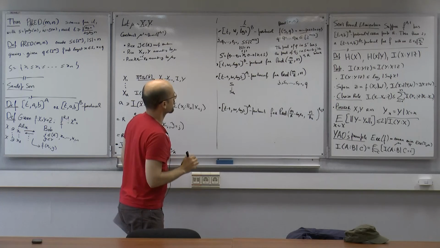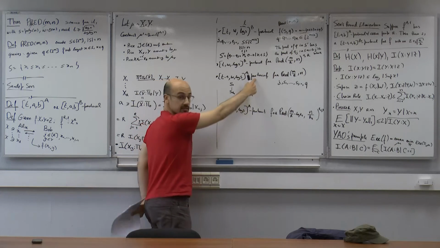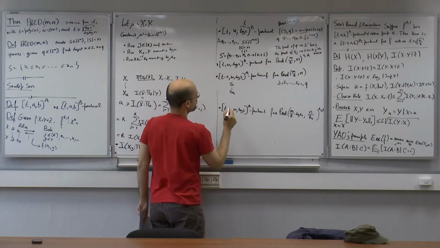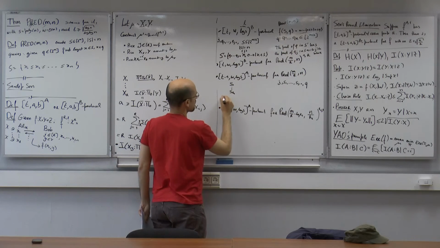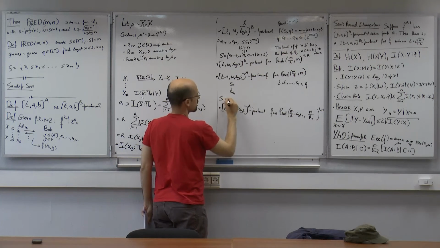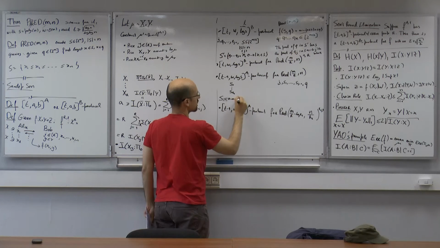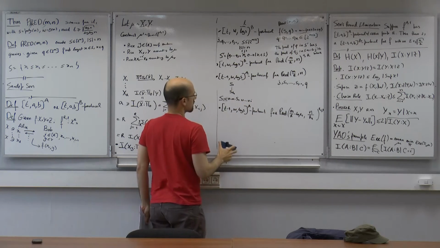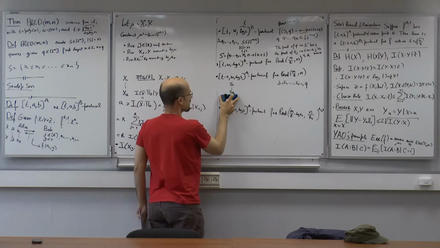So what do they do? They need to come up with an input for this problem that allows them to get the answer. Here's what they do. S is going to be the union of the following.